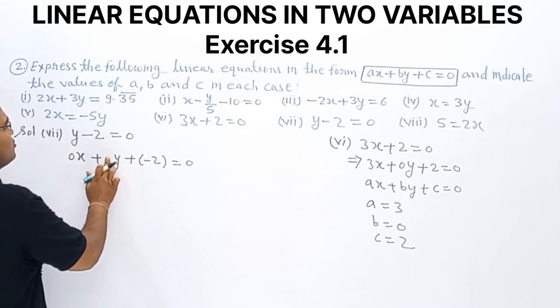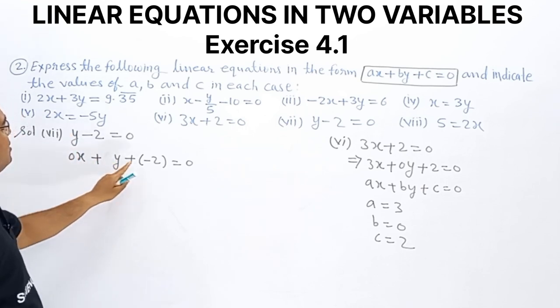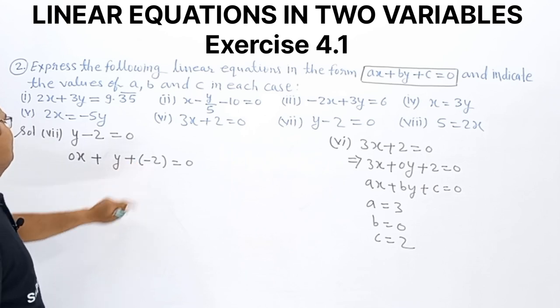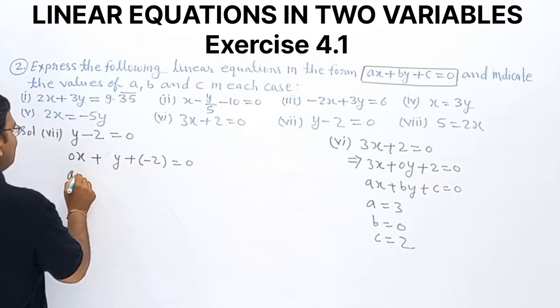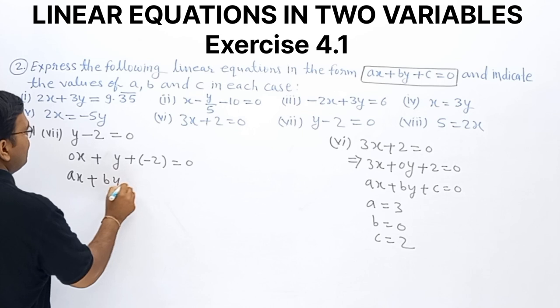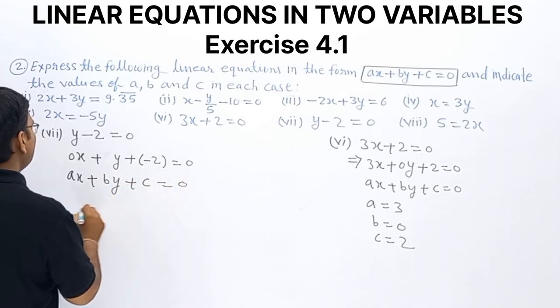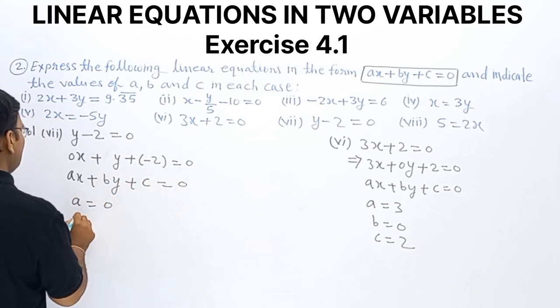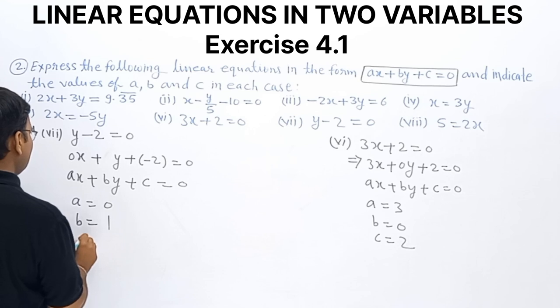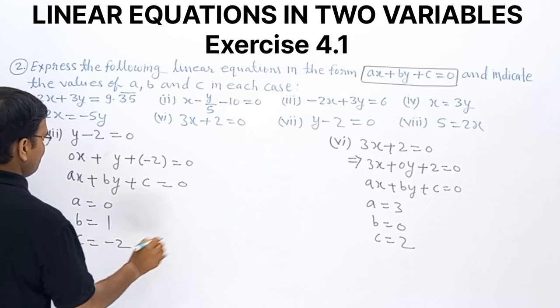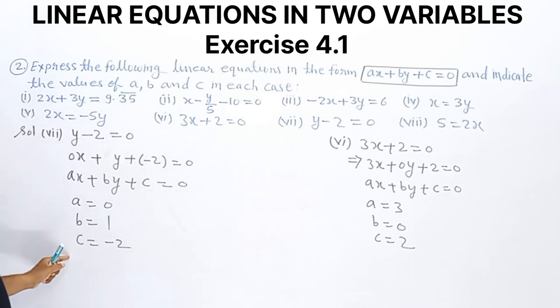No necessity to write 1. y plus minus 2, this will be the c value. Now compare with the general form, ax plus by plus c equal to 0. Then a equal to 0, b equal to 1, and c equal to minus 2. These are the values of ABC.